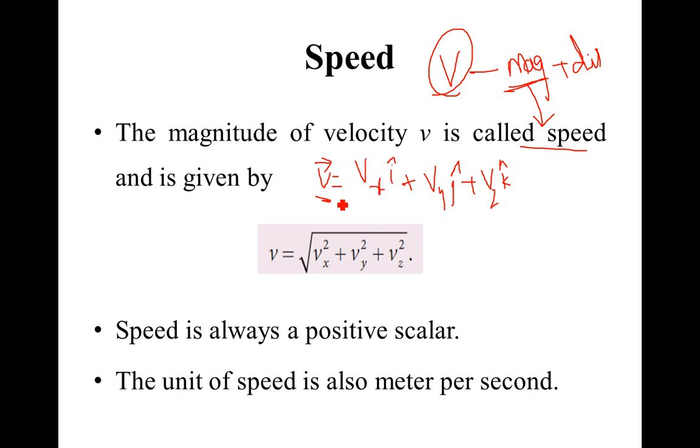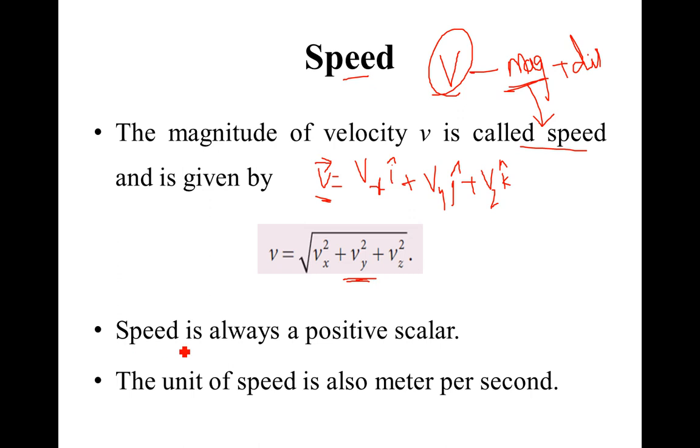To find the magnitude, V is equal to root of Vx square plus Vy square plus Vz square. This is nothing but the magnitude of the velocity, that is simply the speed.